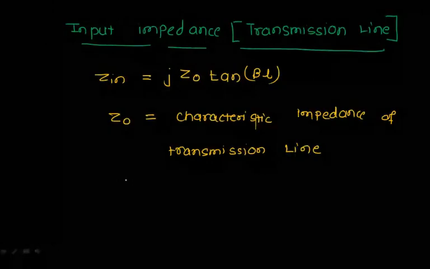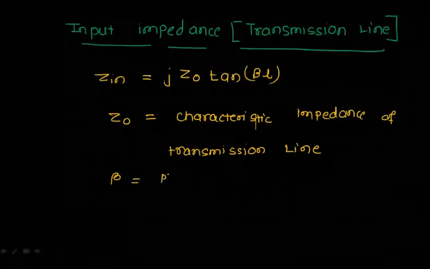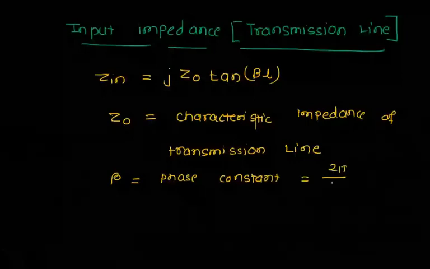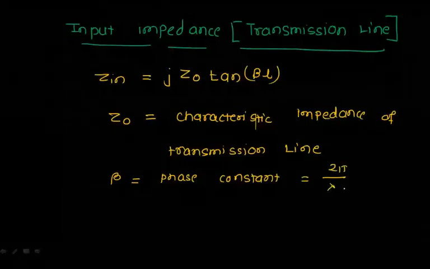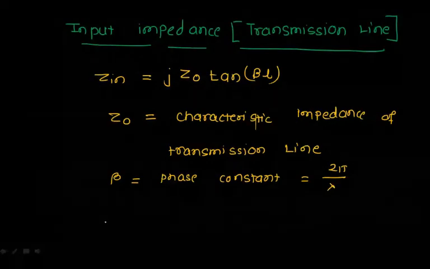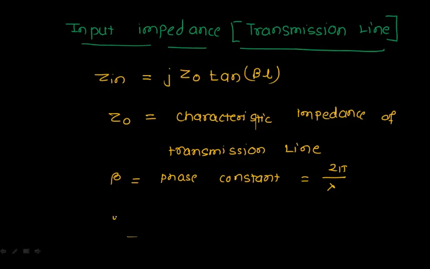What about the beta here? Beta is nothing but the phase constant. You have already gone through this one. This is nothing but 2 pi by lambda. Now the folded dipole of length L is elongated. Now it will become a short circuited transmission line, and that's why your length will become L by 2. So you can replace this L with L by 2.